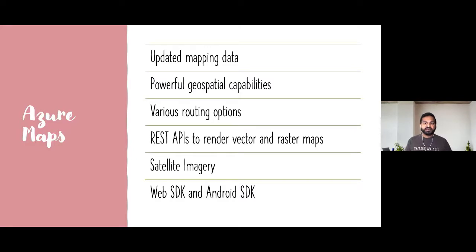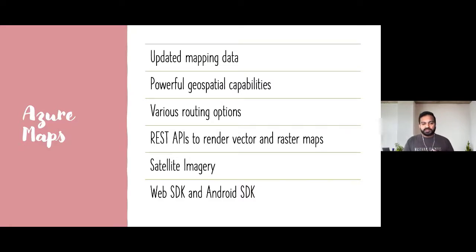Or if you want to specify the vehicle as an electric vehicle, then it will give you directions based on electric vehicle routes. So you have these charging stations and stuff like that if the route is longer. And if it's a commercial vehicle, then the route will be completely different, that it won't go through the towns and housing areas and things like that.